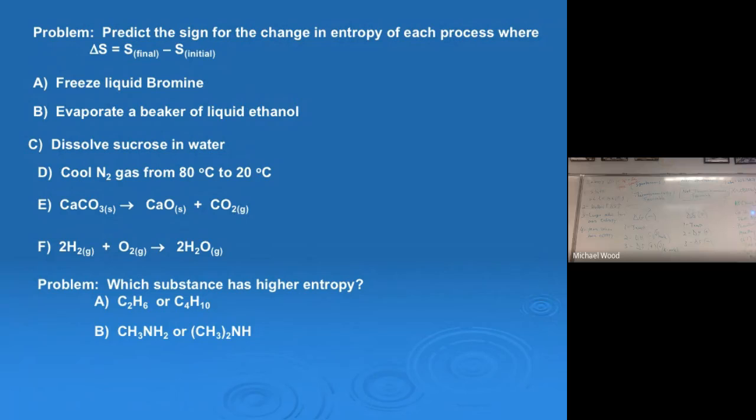So for A, C2H6 or C4H10, which has higher entropy? It would be the C4H10, because it's a bigger molecule, more entropy. And for B, same explanation, it would be the (CH3)2NH, again because it's bigger than this. So the higher entropy would be those two.